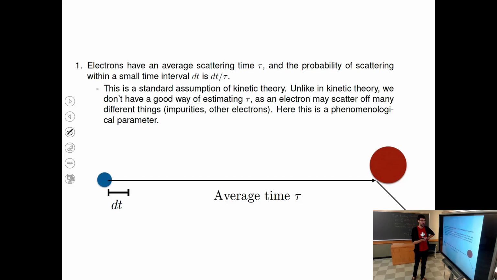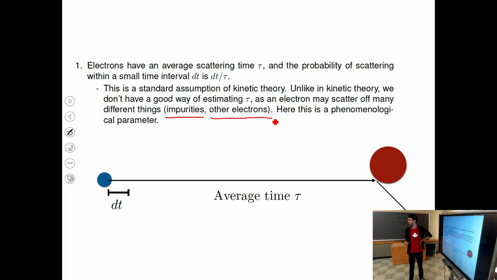This is what is meant by scattering time here, is that the electron travels for time tau. After time tau, it encounters something and goes off in a different direction. Like I said, this can be impurities in a lattice. This can be other electrons. This can also be lattice vibrations.